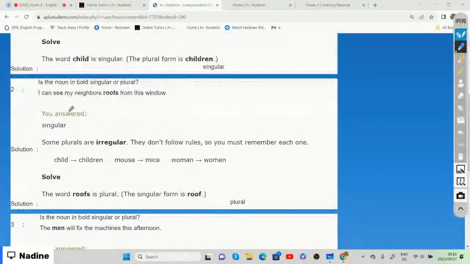I see my neighbor's roofs from the window. Roofs. One roof, more than one roofs. Yes, we get the word roofs. And the word roofs, is that singular or is it plural?